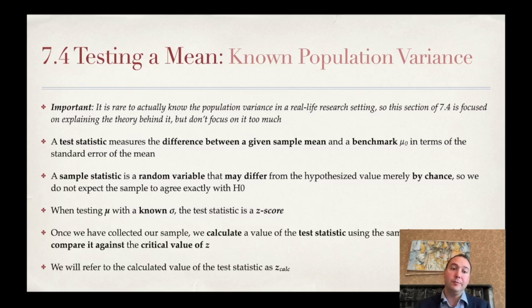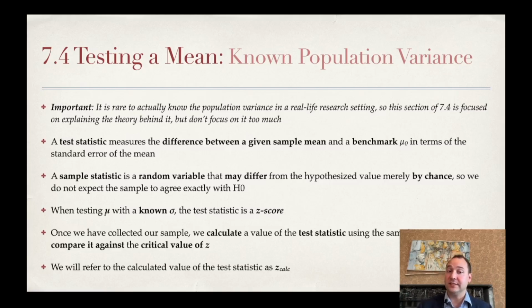So when testing mu with a known sigma, with a known population variance, the test statistic is a z-score. What is a z-score? A z-score incorporates the sample mean, the standard deviation, and the sample size.